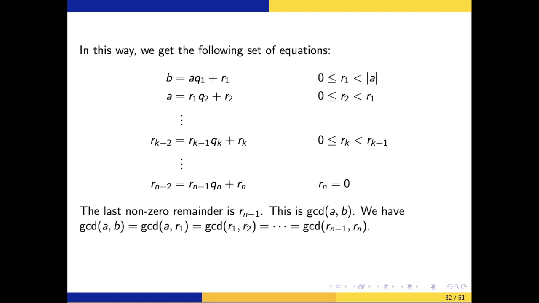But R sub n was 0, and R sub n minus 1 divides 0, because any integer divides 0 except for 0 itself. So that means that the GCD of R sub n minus 1 and R sub n is equal to the absolute value of R sub n minus 1, which equals R sub n minus 1.